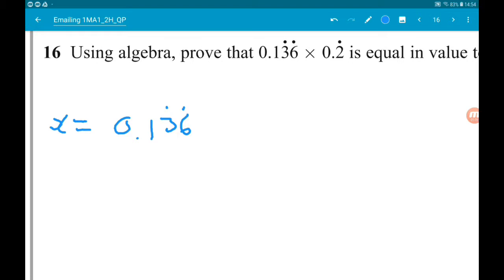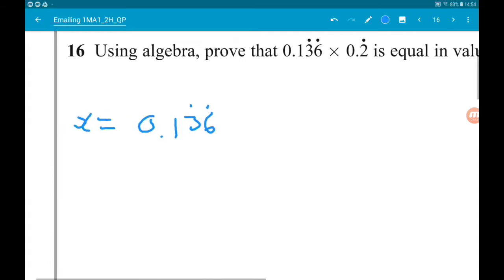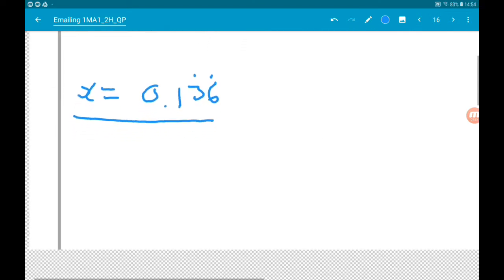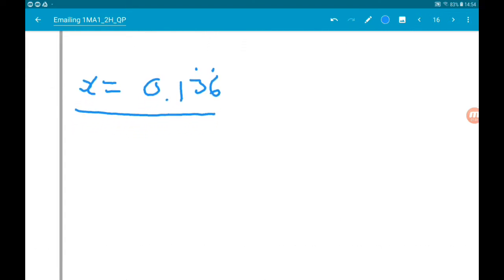Now the first thing we need is a number to do with x that has a purely recurring decimal. So at the moment it's not purely recurring because the 1 doesn't recur. So if we multiply by 10, we get 10x is 1.36 recurring.